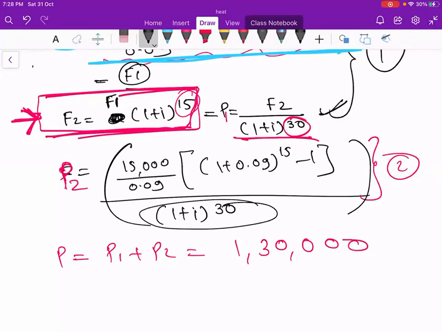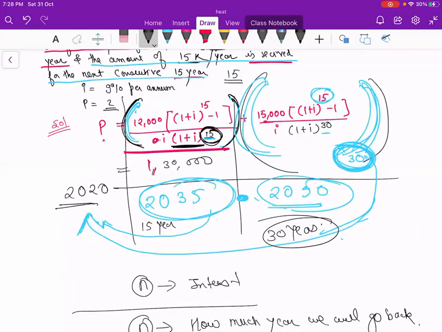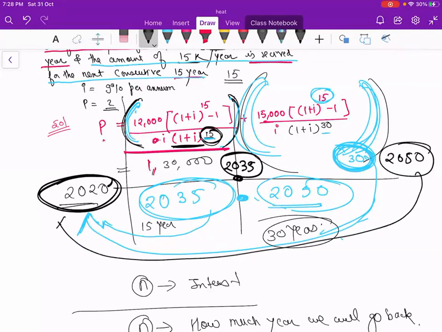But how many years do we have to come back for the present worth? 30 years. I told you, you started this in 2035. Suppose today is 2020. This investment you started in 2035, up to 2050. So how many years do you have to come back for today? 30 years back.